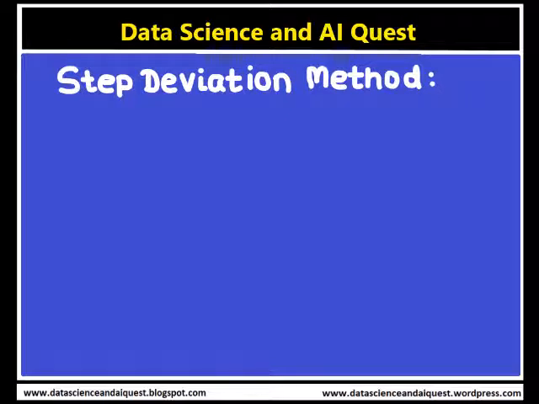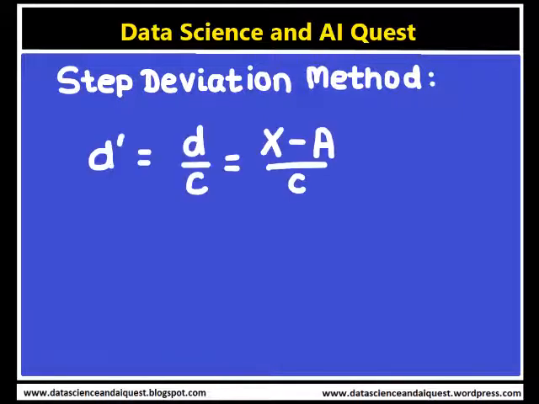This can also be computed using the step deviation method. In the step deviation method, the calculations can be further simplified by dividing all the deviations taken from the assumed mean by the common factor C. The objective is to avoid large numerical figures.